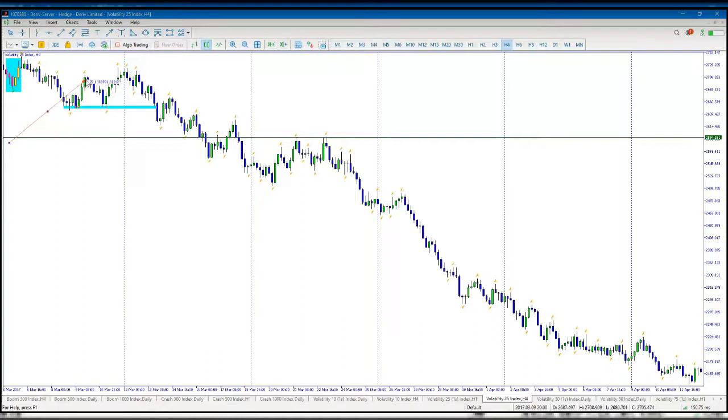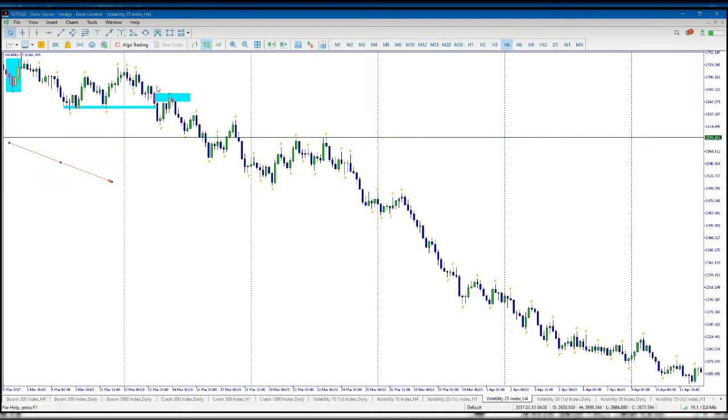So what happened here? Price went up to create a lower high, and then we saw that swing that broke structure. However, we would have been expecting price to come up somewhere around here, but then price turned back here. Why did price turn back here?